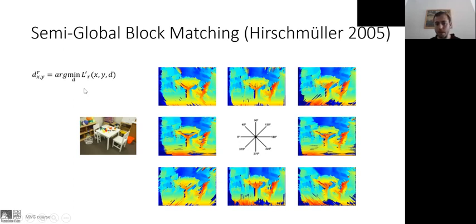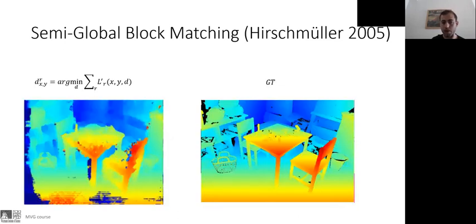So instead of taking argmin 8 times, you take the 8 volumes and average them. Then this volume considers smoothness in all 8 directions together. And if you take the argmin, you will get the solution that is smooth in all directions.